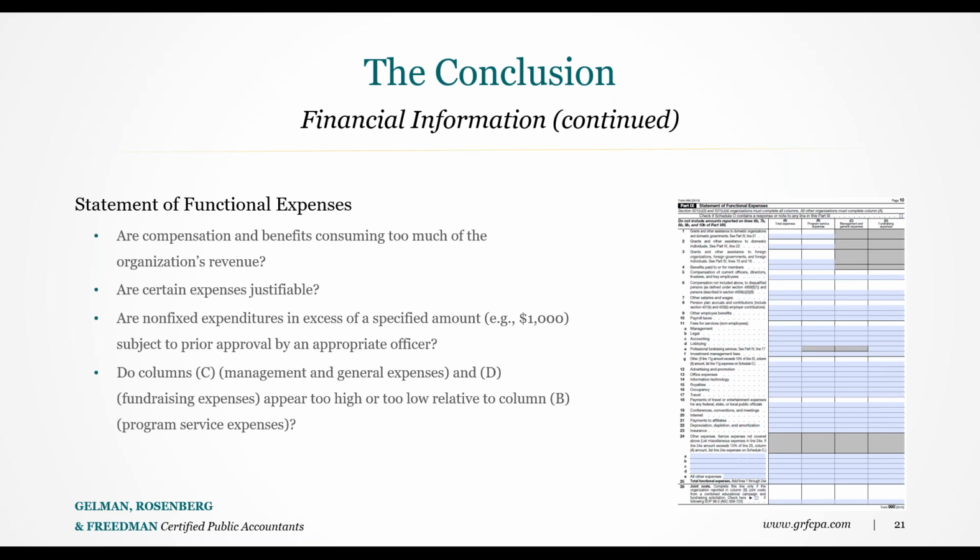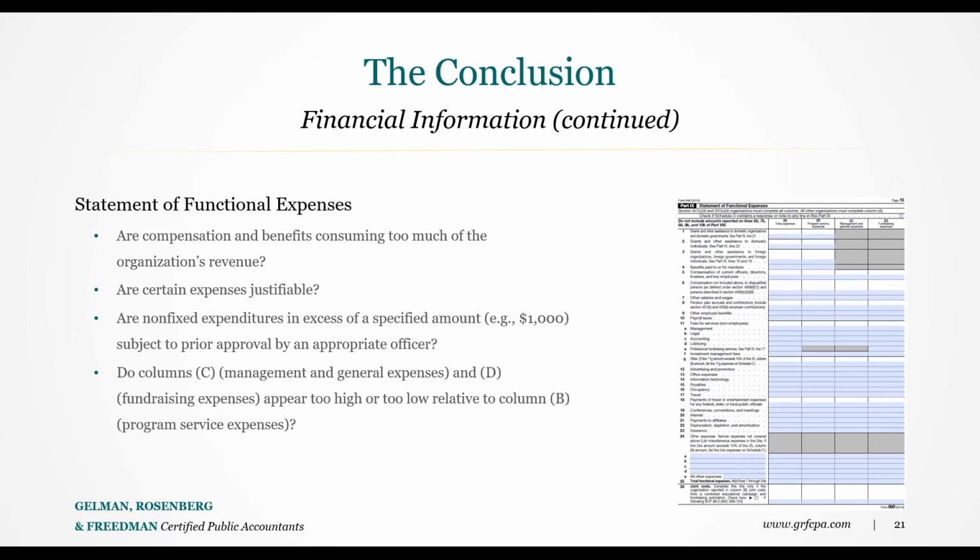Maybe there's a difference in how certain things are actually allocated between its programs and its functions, because that new ASU is very specific when it comes to the GAAP reporting under the generally accepted accounting principles. But some things to look at here: compensation and benefits.